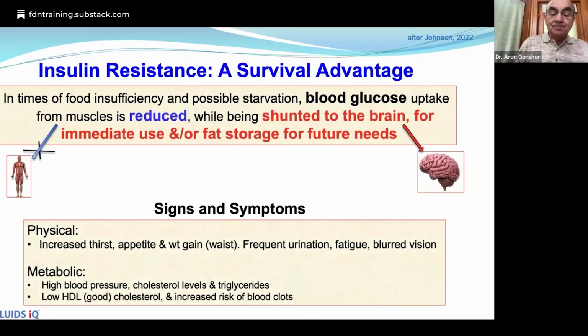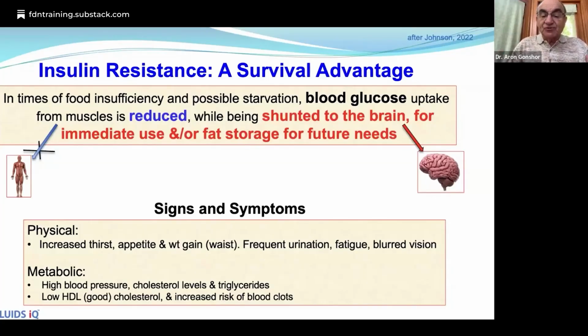But today, we see insulin resistance in many people who are not in an insufficient food state or starvation. Physically, what would you see as signs and symptoms of insulin resistance? Some classic ones: increased thirst, increased appetite. You want to get food in there, and weight gain because people keep on eating for various reasons, which we will go into later. And so there's weight gain.